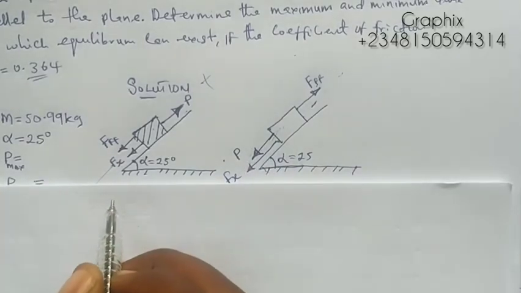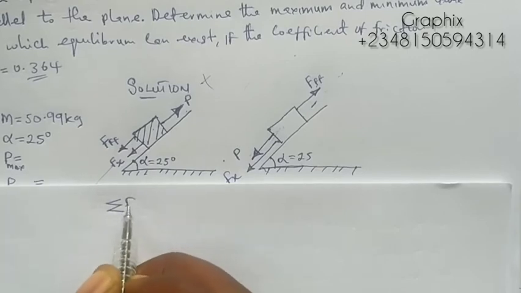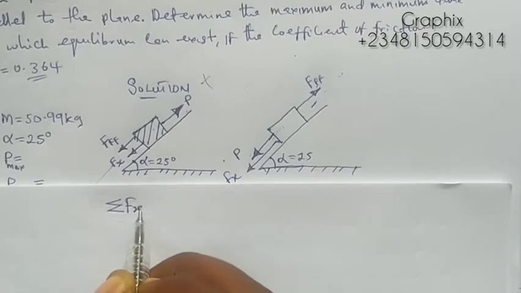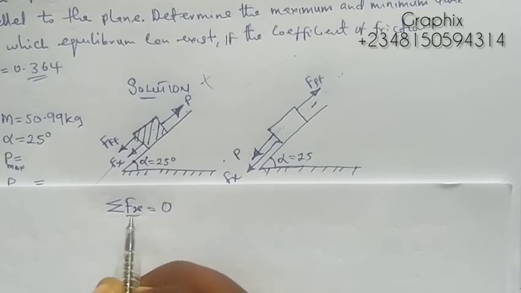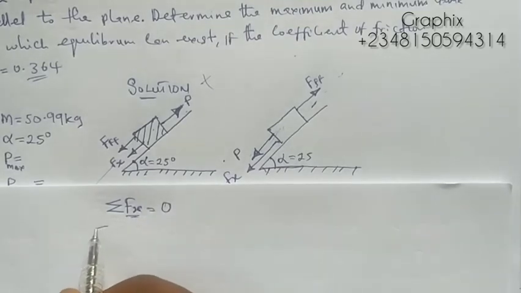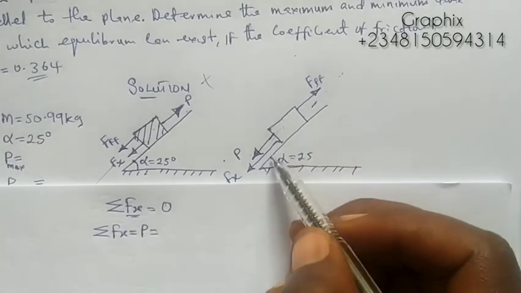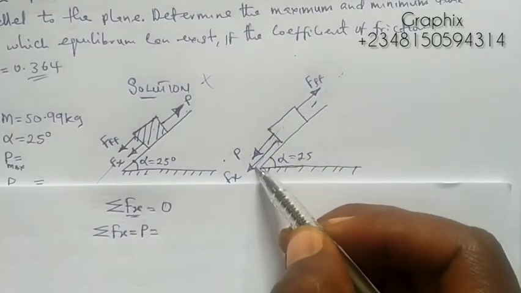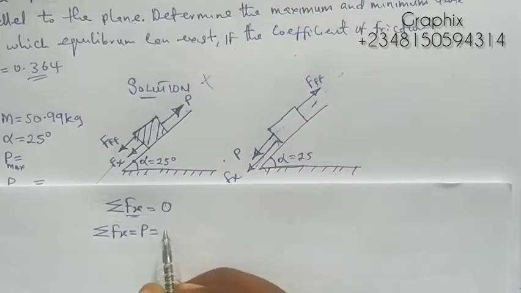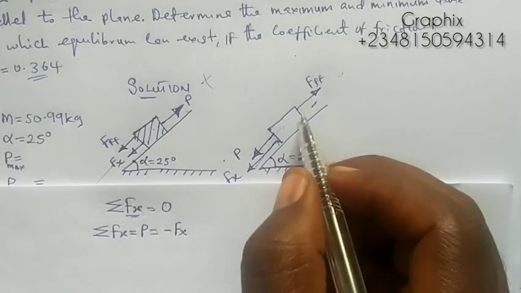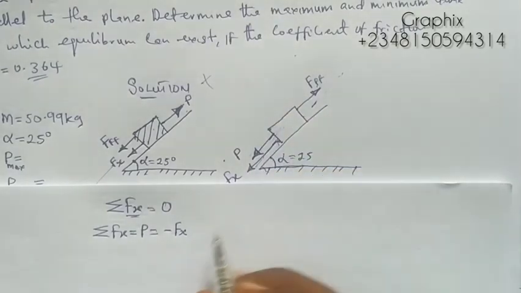So we say that the summation of Fx is equal to 0. So the summation of Fx is the same as saying the force P, and this force here is acting downward, so it will be negative Fx. The frictional force that tends to oppose the motion will become positive Ff, which can be your Fk or your Fs.